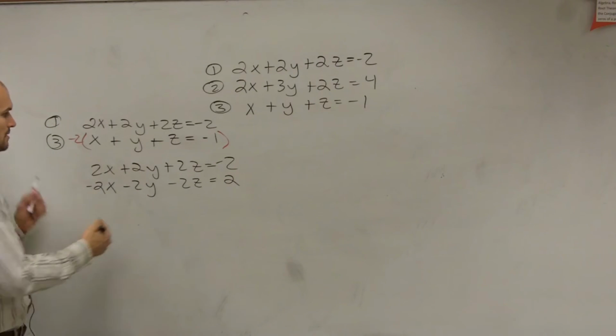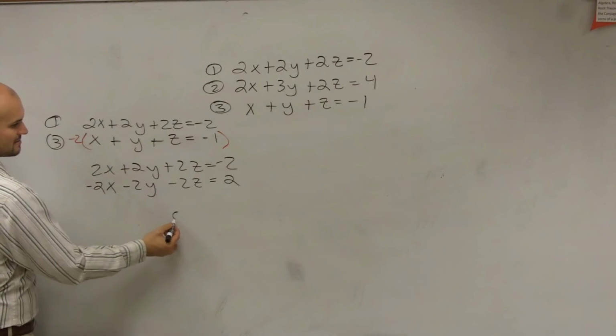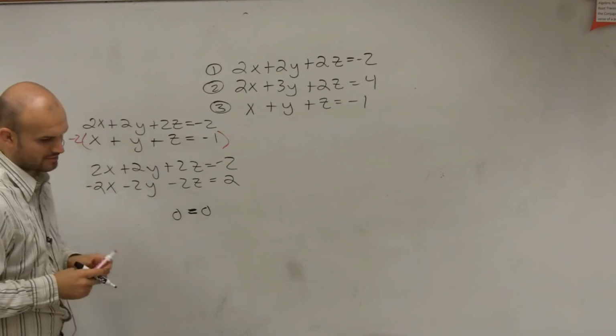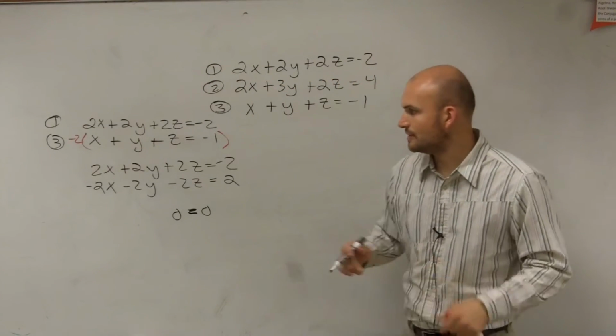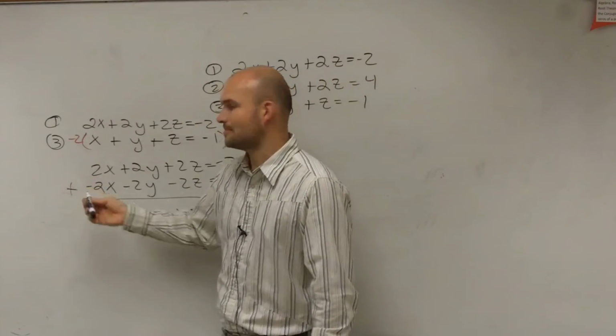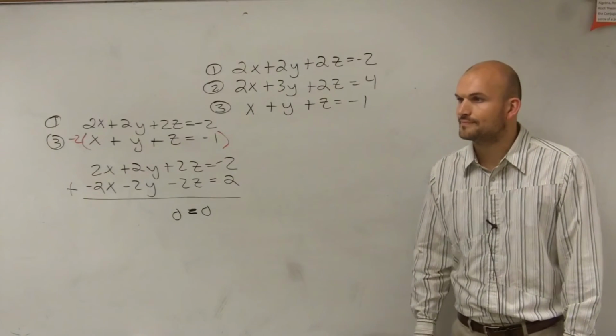Correct? Then, when I go ahead and add these up together, I get 0 equals 0. Now, we're supposed to get an equation from this, but we get 0 equals 0.